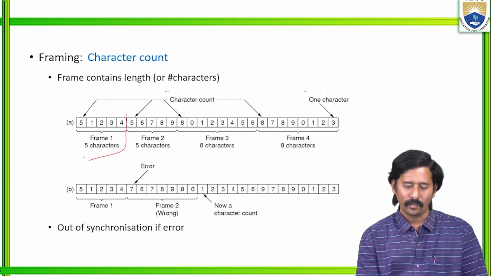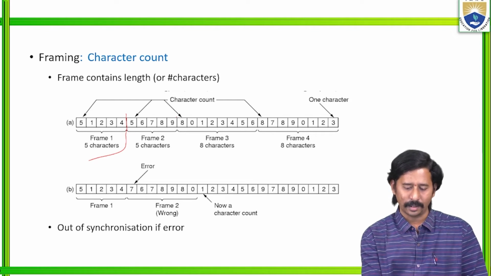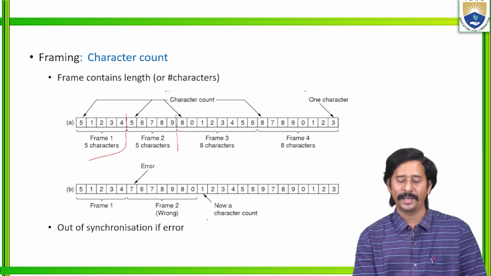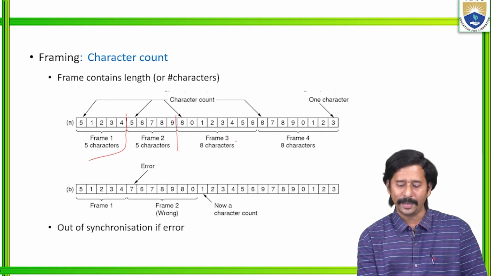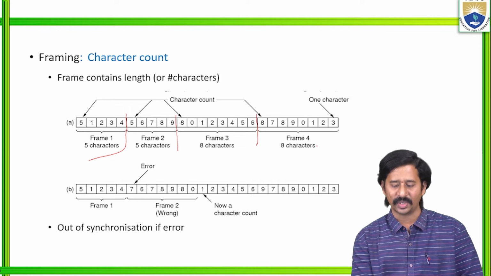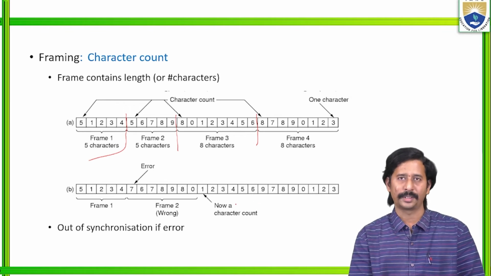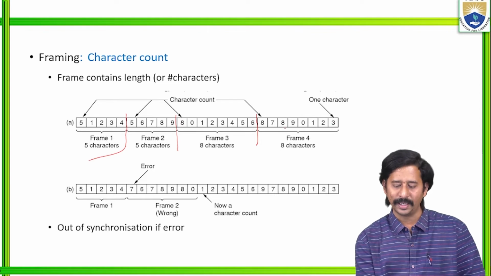Up to here is frame 1. Then 5, 6, 7, 8, 9 is frame 2. Then frame 3 consists of 8 characters, and frame 4 also consists of 8 characters. So here the character count is done by each individual character.